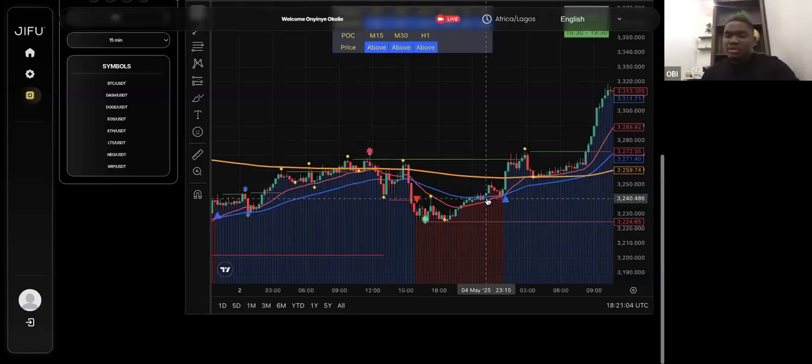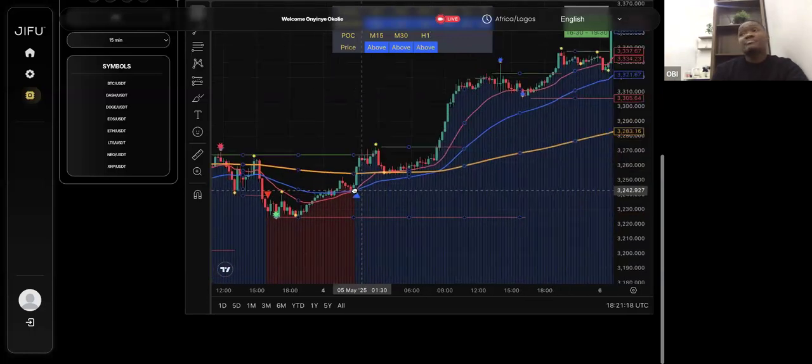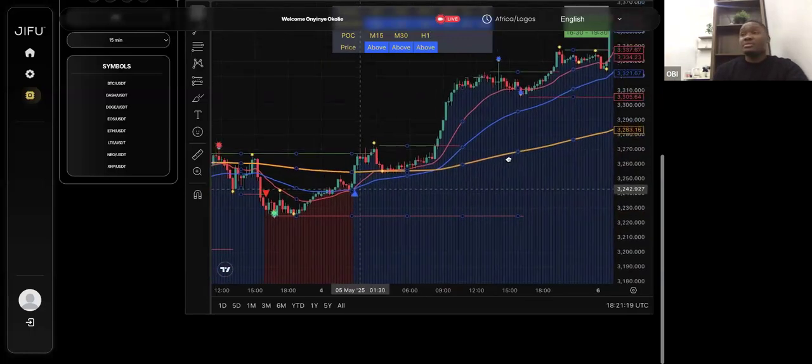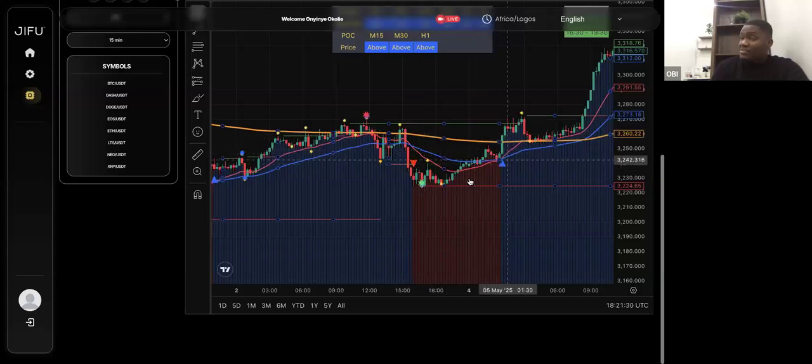And you run away. Imagine somebody that was on this trade selling very well. When gold was selling, gold sold to 32.24, they were selling. Maybe at the retracement, they'll be like, let me not close it, gold will still come back. Look, gold never came back again. Look at where gold is currently. When the blue line was getting close to the red line after crossing, somebody did not close at this area.